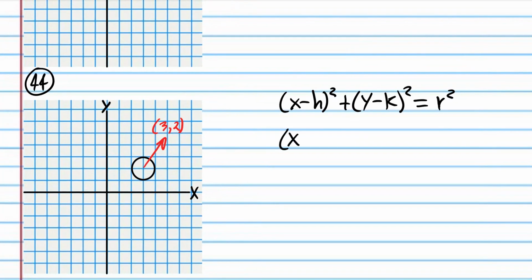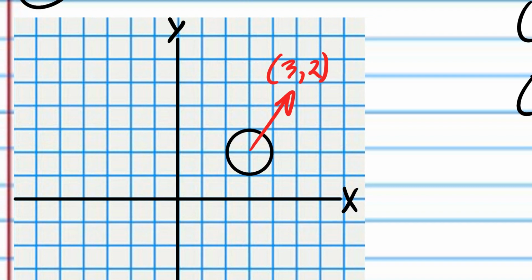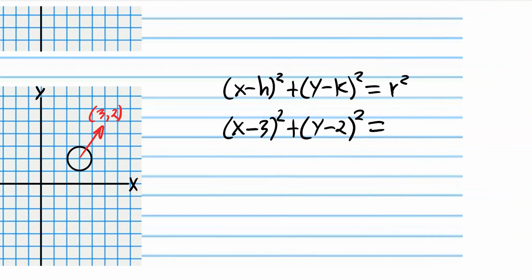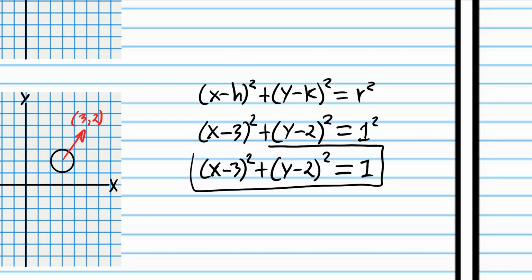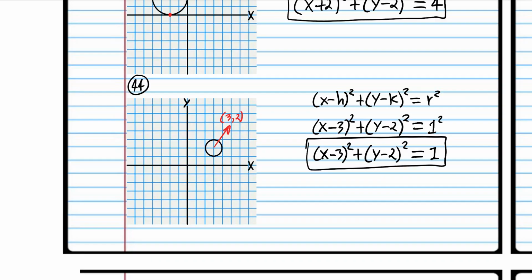So we're going to plug in 3 for the x value of the center, and we're going to plug in 2 for the y value of the center. And you can see that the radius is just going to be 1, if you count from the center to the side of the circle. So 1 squared is just 1. And there's really nothing to simplify on the left side of the equation, so we just rewrite that. And that is the equation of a circle.